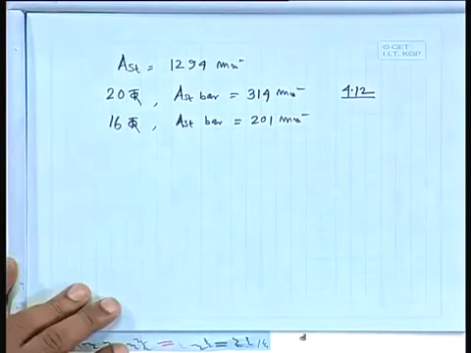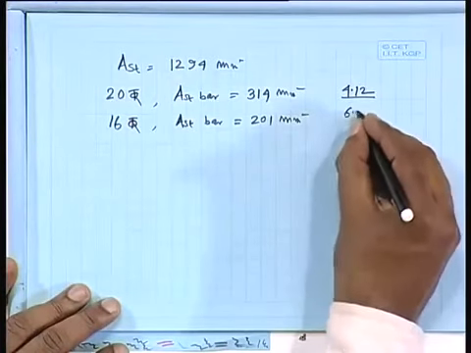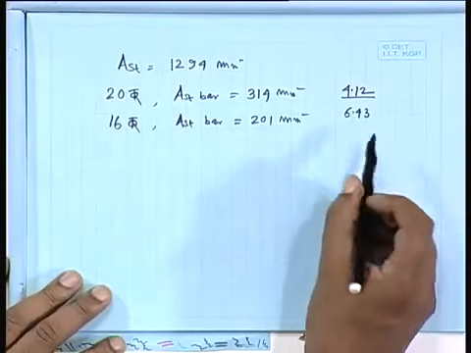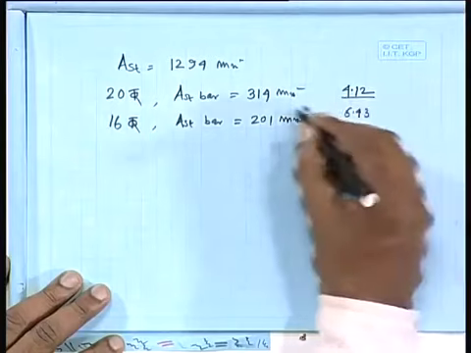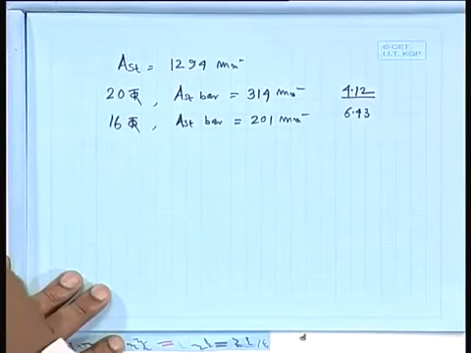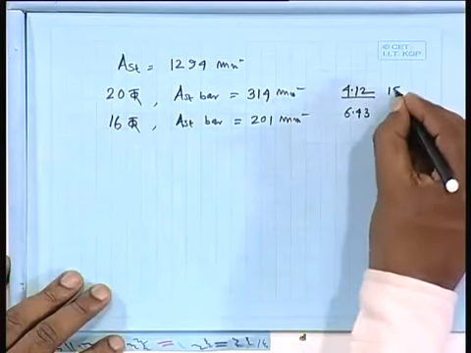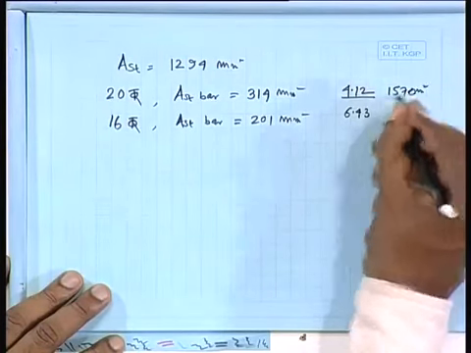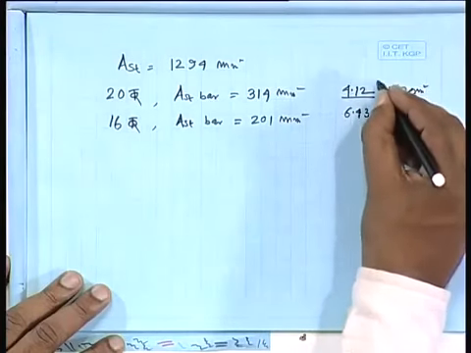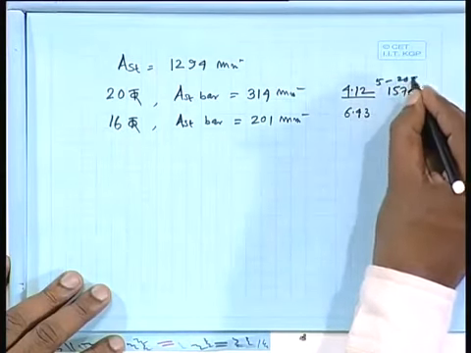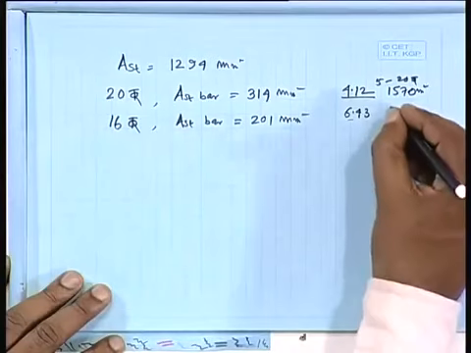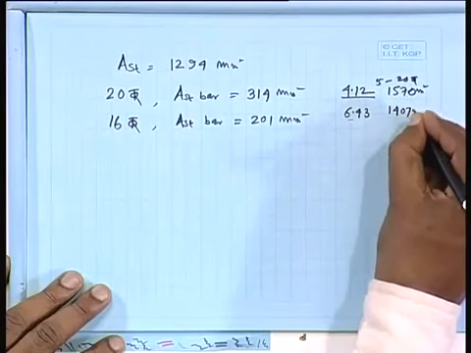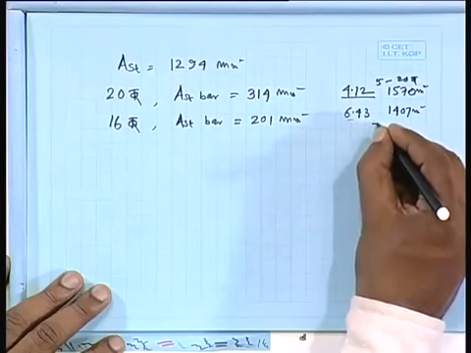If we provide 16 torr, 1294 divided by 201 is 6.43 numbers. So one option is 5 bars of 20 torr, 314 into 5 is 1570. Another is 7 bars of 16 torr, which is 1407 square millimeter.